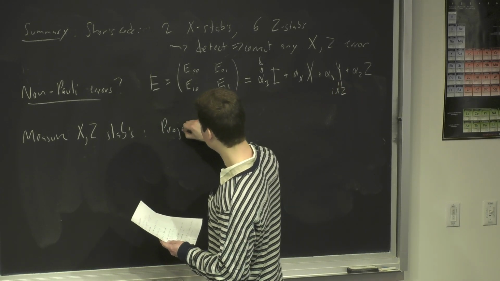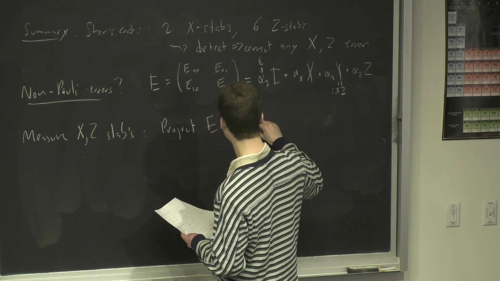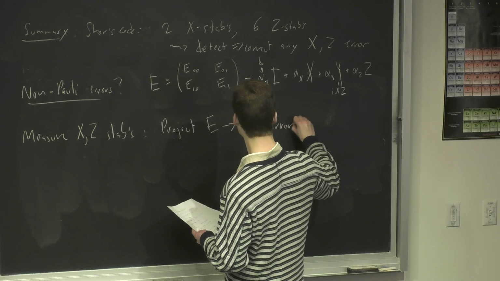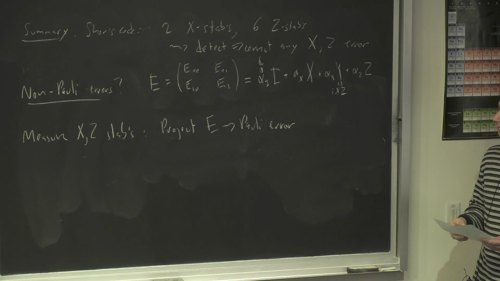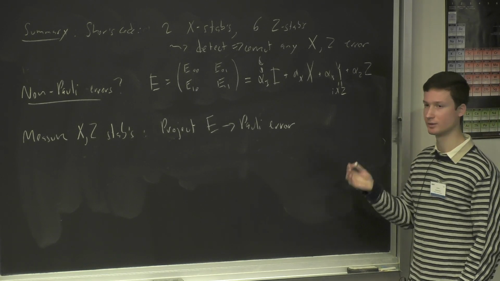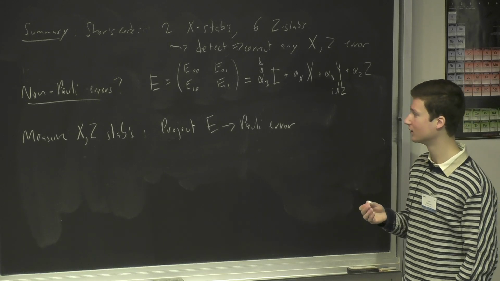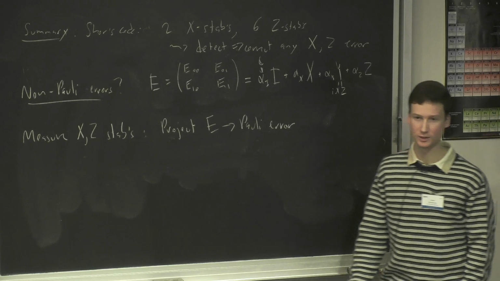So we project this arbitrary error to a Pauli error. And then we've already seen how to correct Pauli errors by measuring our stabilizers. So for this reasoning, we can basically always just assume errors were some combination of X and Z's. We never need to worry about arbitrary operators acting on our qubits.